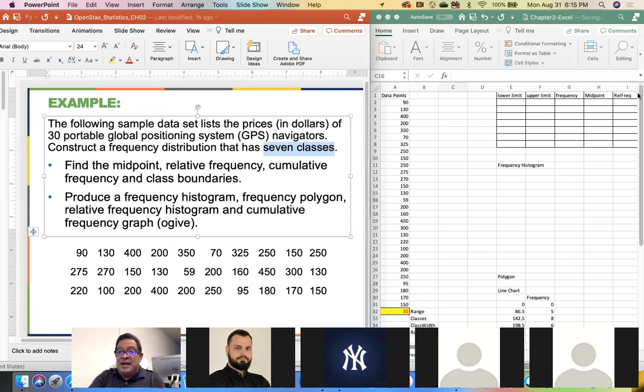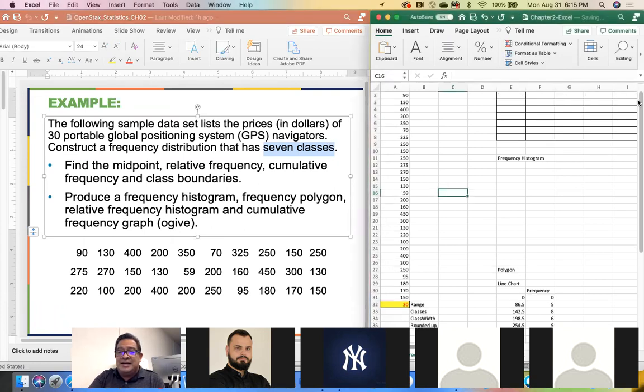In your Excel table, let's find the number of classes, equal to 7. These numbers that you see here are exactly the same numbers that are here. It starts with 90 and ends at 150. At the bottom, if you see, I wrote a small code for Excel.